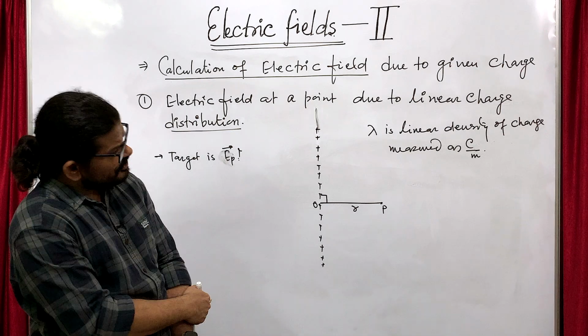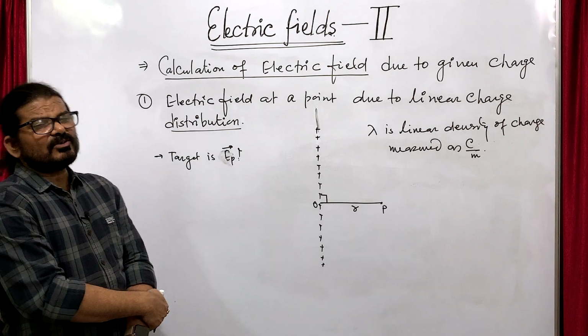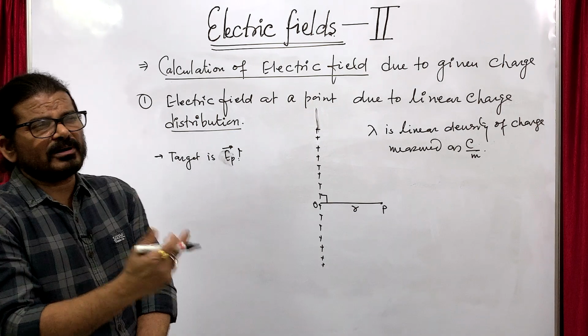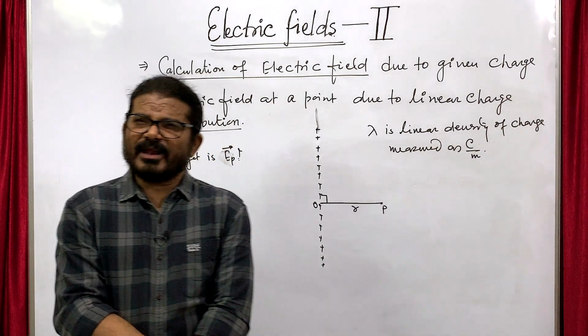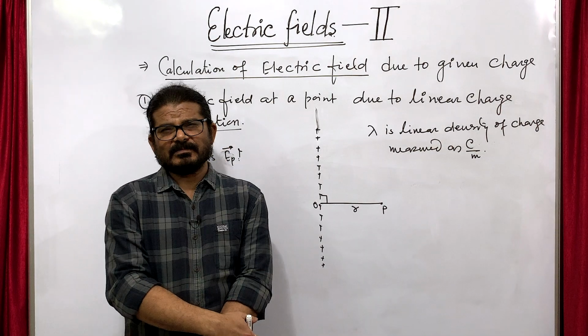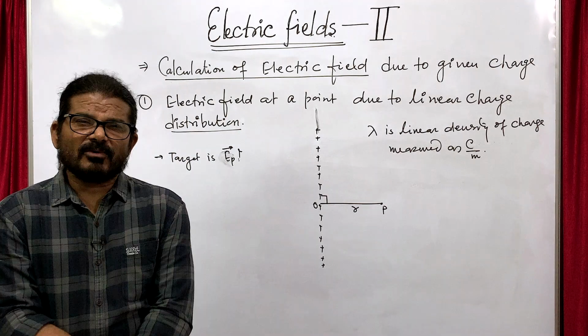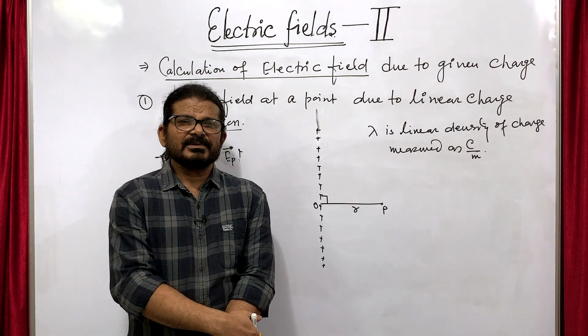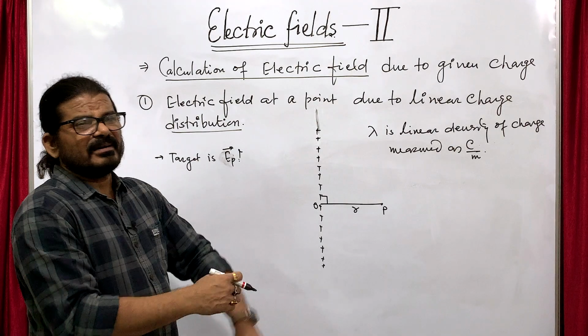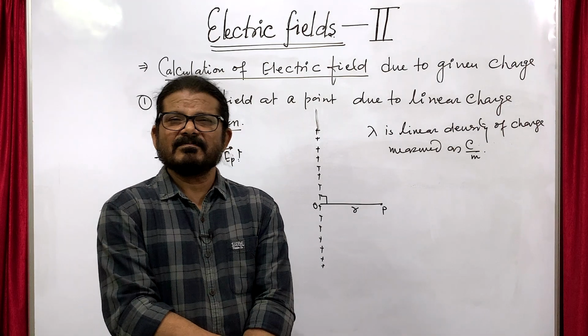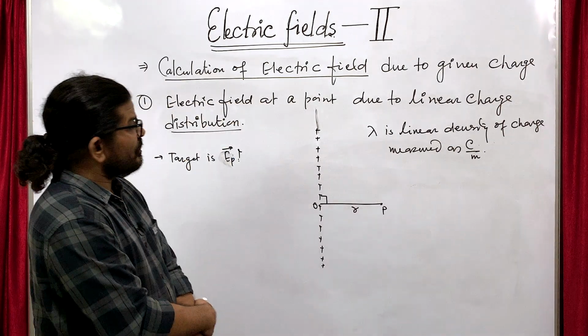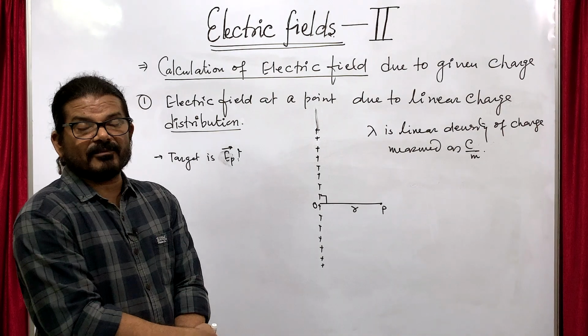Now, tools, just you see, what are the tools? At your hand is Coulomb's law. What is the limitation of Coulomb's law? Coulomb's law is valid for point charge only. But this is a distribution of charge. Then here we will use the amazing power of calculus.